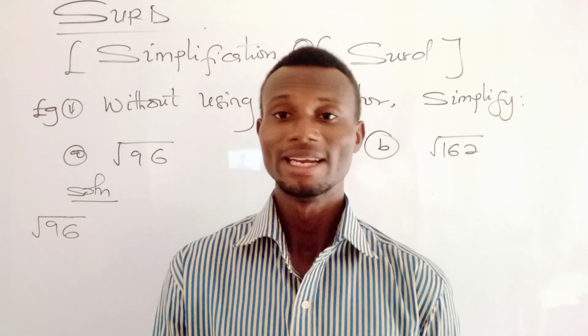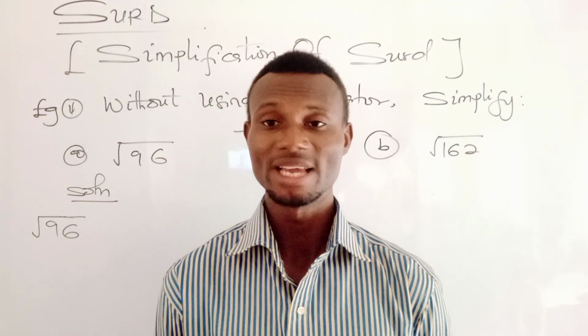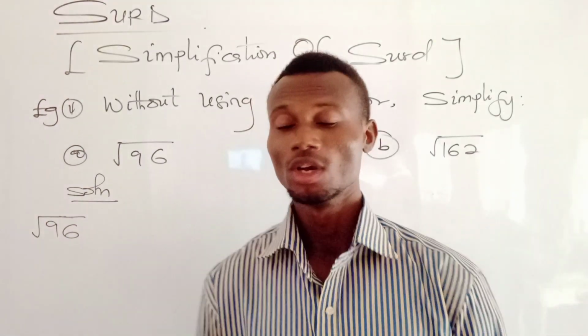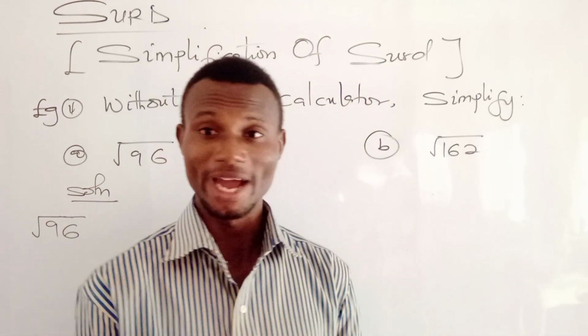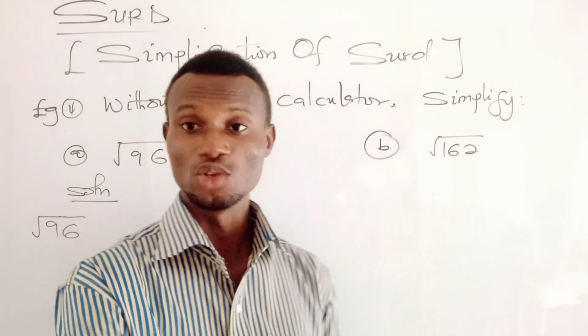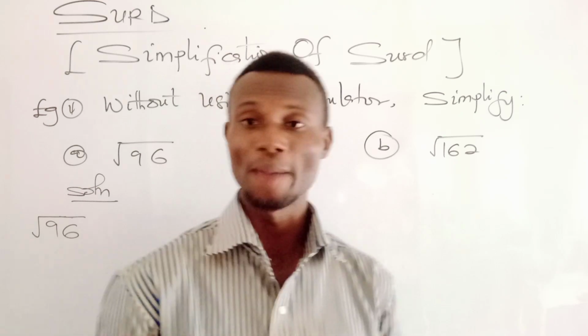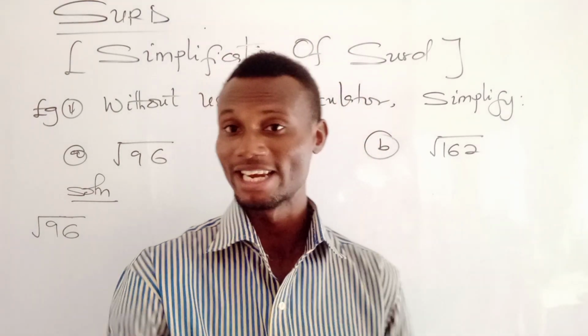You can list all the possible pairs of numbers that can multiply to give you the 96, list all of them down, then you select the one which has a perfect square in it. And I've done an example of it in the previous videos.